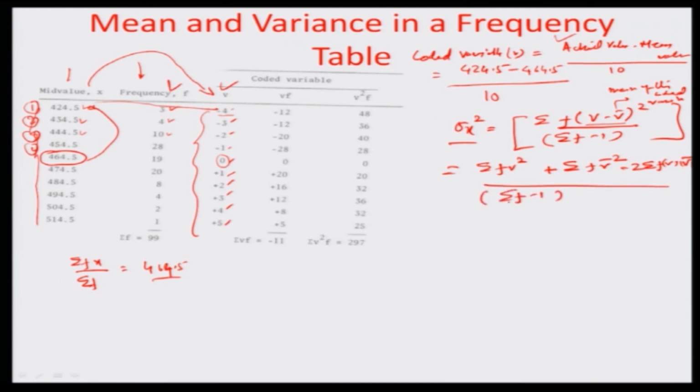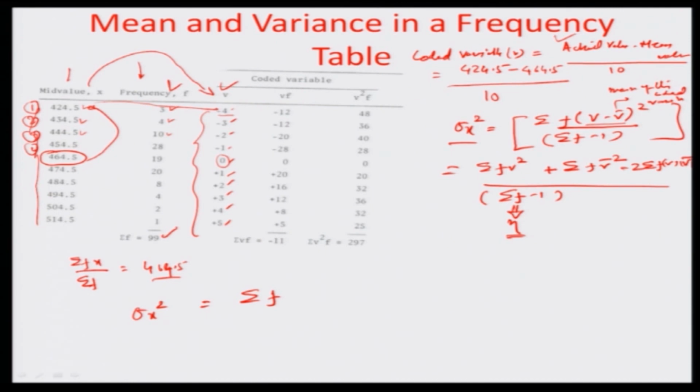And if I further simplify this, this would result in a value of sigma x square equals to, let us put the value of sigma f here as the total number of observations or the total subgroup size. This is n, let us say there are n observations, n is equal to 99, as you can see in this particular case.